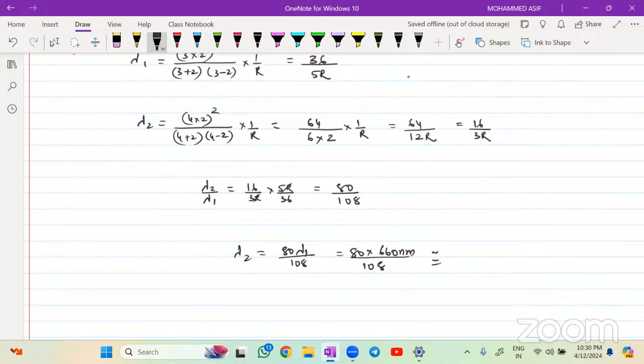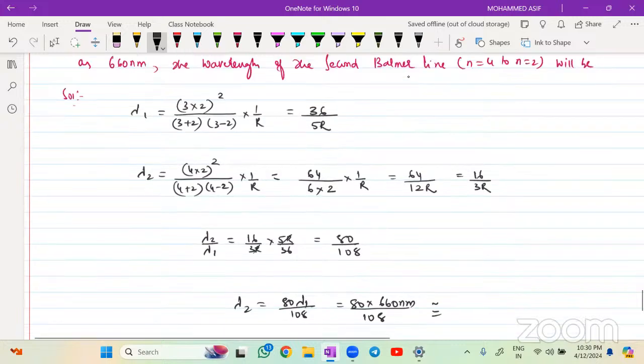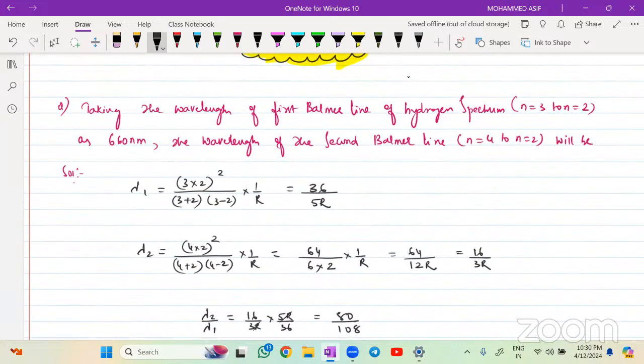Clear? Question clear? Taking the wavelength of the first Balmer line of hydrogen spectrum as 660 nanometers, the wavelength of the second Balmer line is how much?